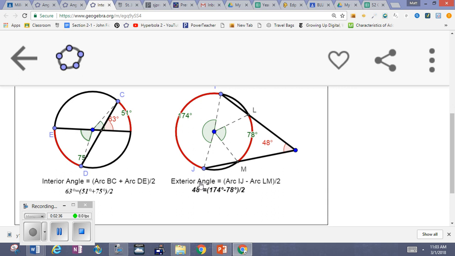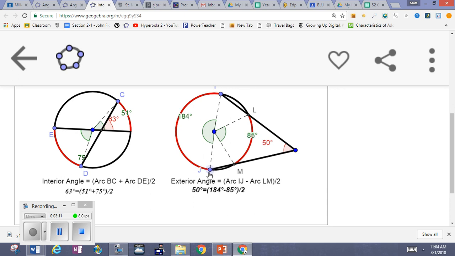Over here, we have the exterior angle. The exterior angle, with its vertex outside, says there's the arc which is furthest away, which is the larger, and there's the arc which is closest. It simply says, let's subtract those two arcs, and then take half. As we see here, we got 174 and 78. 174 minus 78 gives us 96, half of which is the measure of that angle, which is 48.